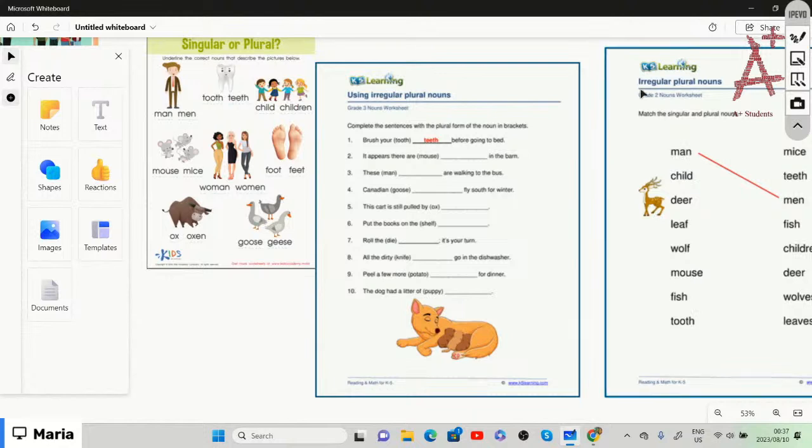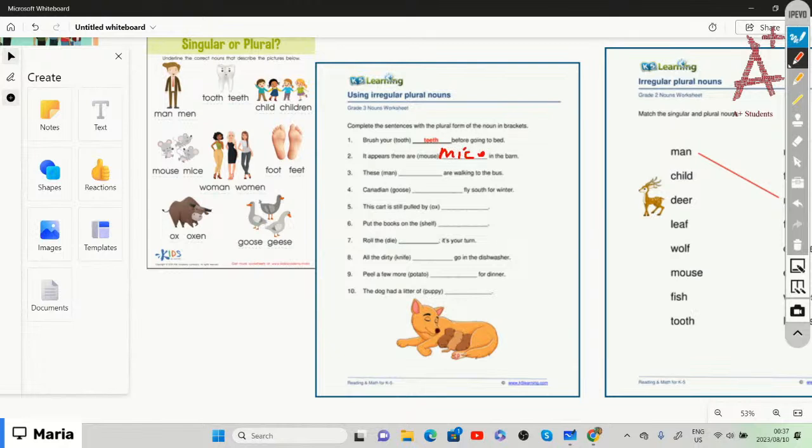So one mouse, many mice. Mice, sorry. Right? Mice. These men are walking to the bus. So we're going to say these men.